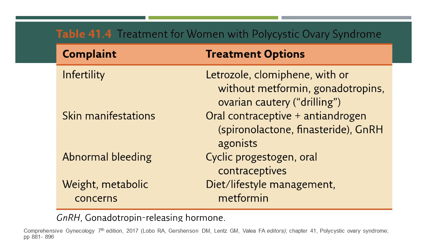For skin manifestations, we can give oral contraceptives with or without an anti-androgen, or we can also give GnRH agonist. For abnormal uterine bleeding, we can give cyclic progestogens or oral contraceptives. For weight and metabolic concerns, of course, the first line would be diet and lifestyle management with or without metformin.